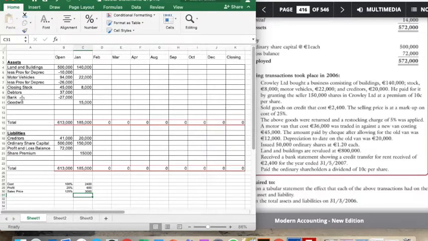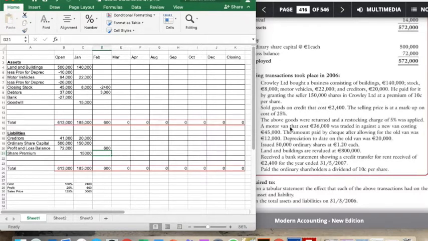Our stock, the goods sitting on the shelves, is going to go down by 2.4, so let's put a minus there, minus 2.4. Our debtors, it does say we sold on credit, so our debtors owe us 3 grand more. And that means we made €600 profit, and the extra money that we made is going to go into profit and loss balance.